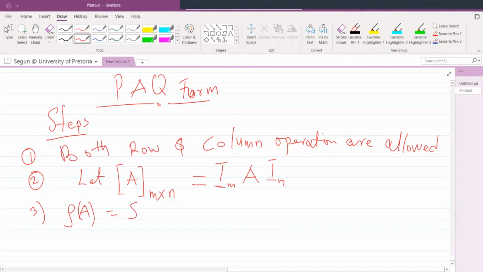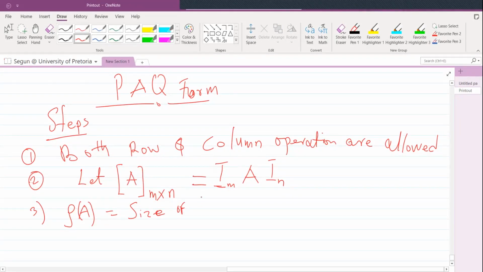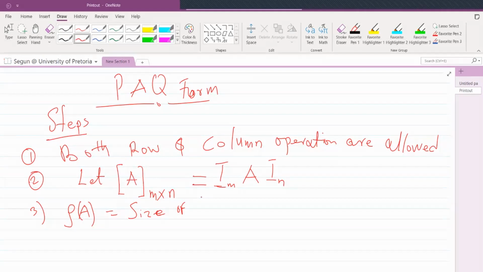It is equals to the size of identity matrix.